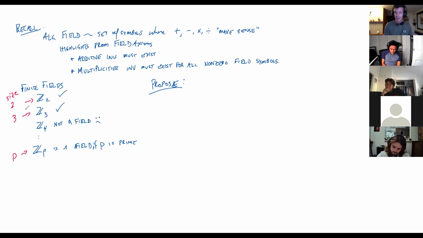But I would really like to have a field with size 4, or size 8, or size 16. None of these are prime numbers, but they would all be really nice to build codes off of, because they would mean that I could map the field elements to bits and bytes and all that stuff. So this leaves a hole in my pattern, and the hole is actually exactly where I want things to be.